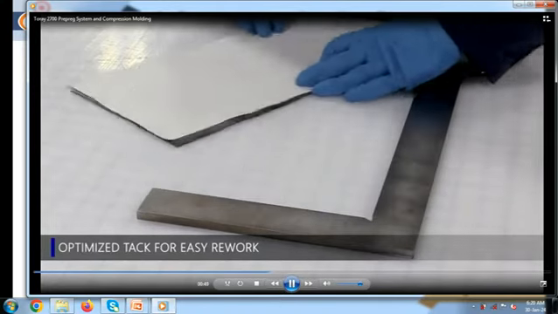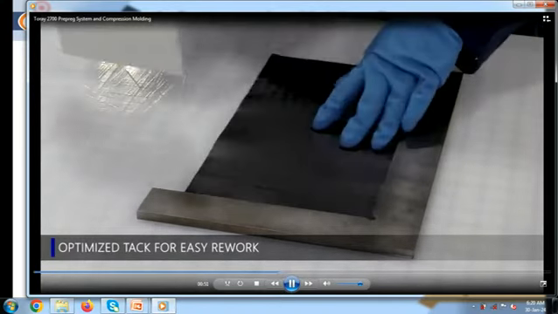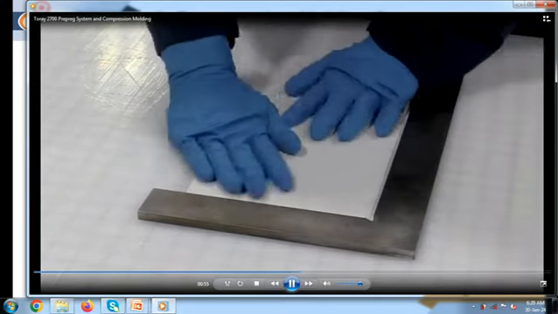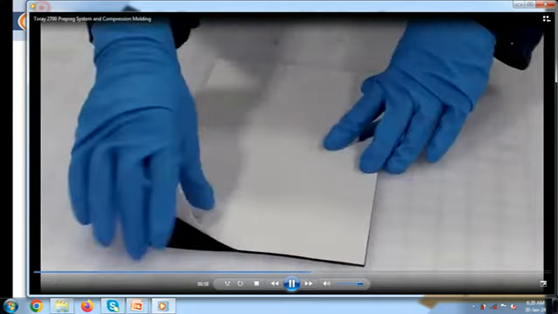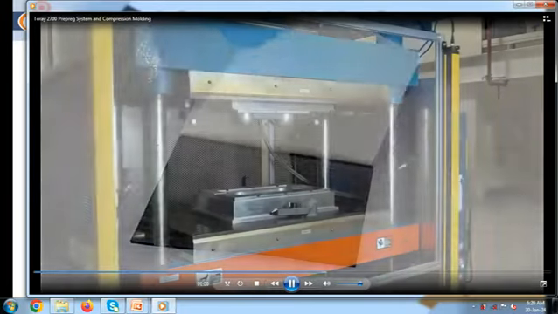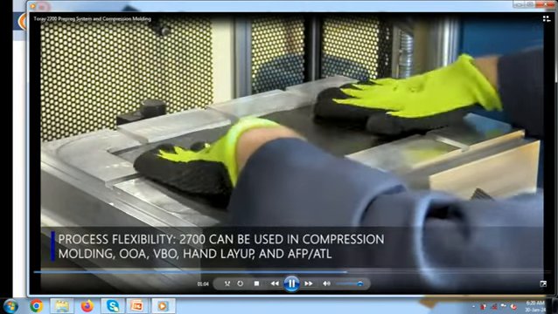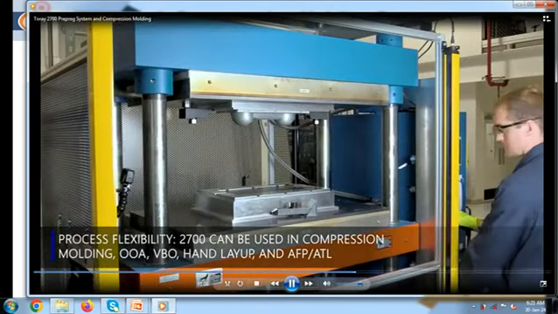For rework purposes, if some threads are missing or something is wrong, the rework is done with some sort of aging. Now this laminate is ready, and it is kept in the mold.